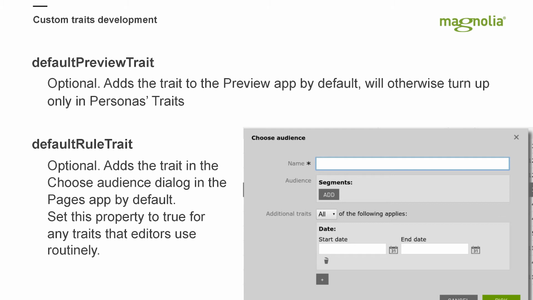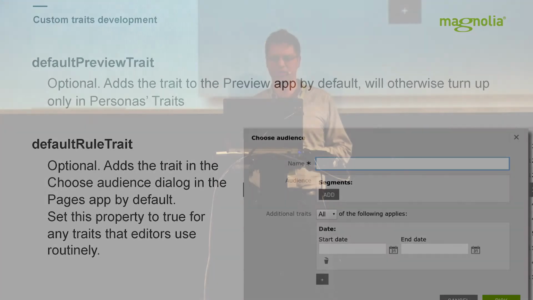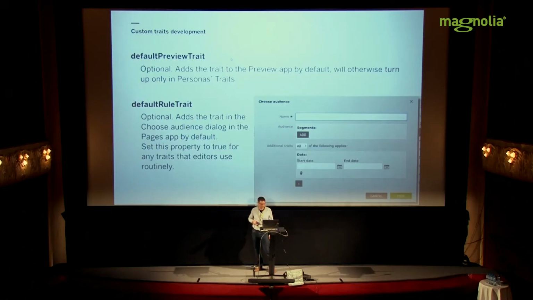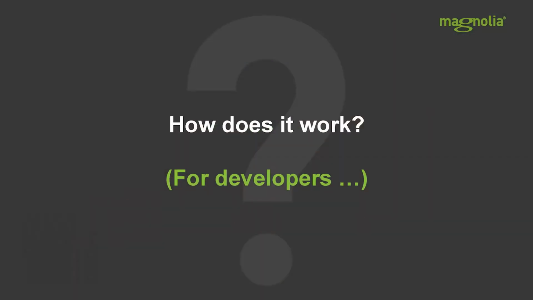Then there's a few more options which are used when you've got some trait that is often used. I think it's very elaborated, so you can make life easier for your editors by placing certain traits in places where they are easy to use.